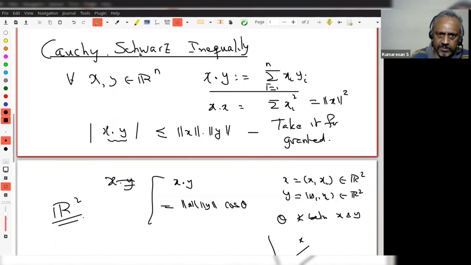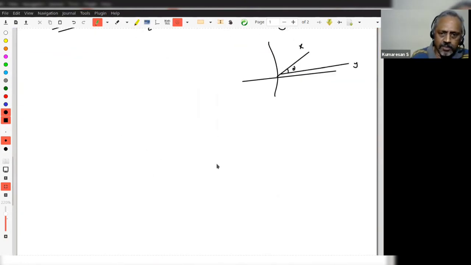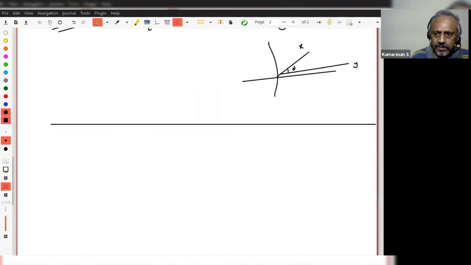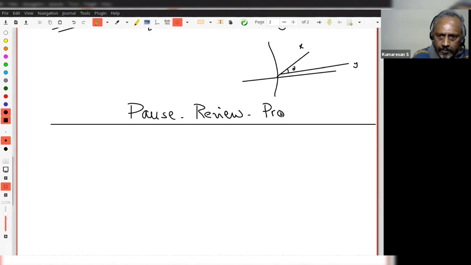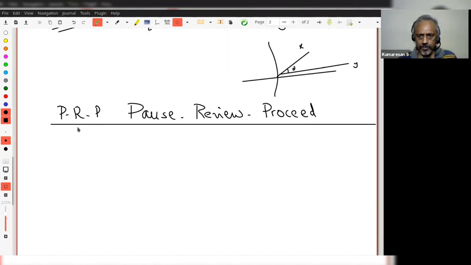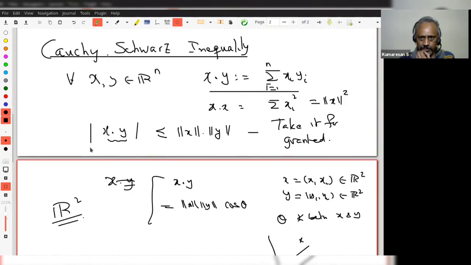This is known as the Cauchy-Schwarz inequality. So this is a very quick review of Rn with the necessary geometry. I'll give you about 10-15 seconds. If you have any problem, please ask me.